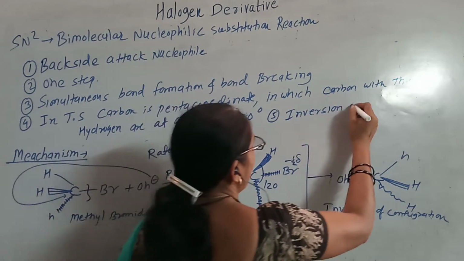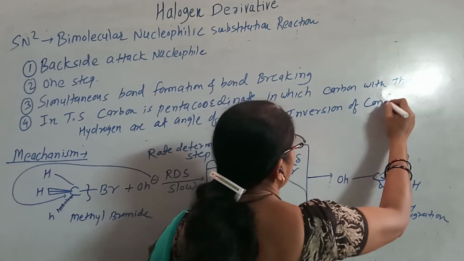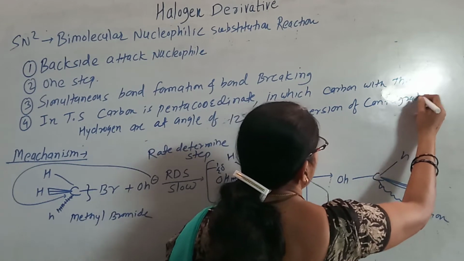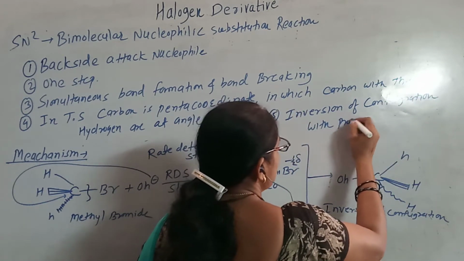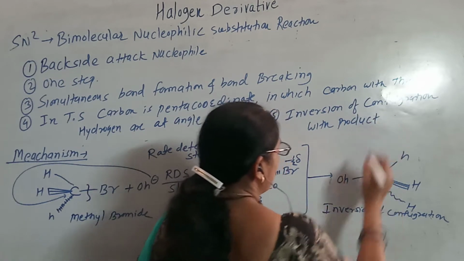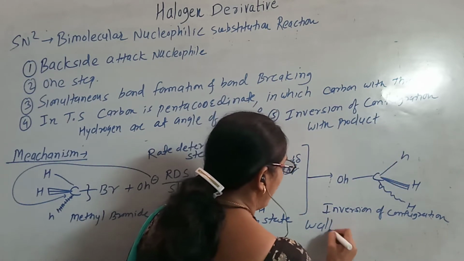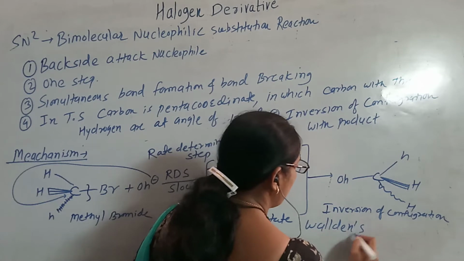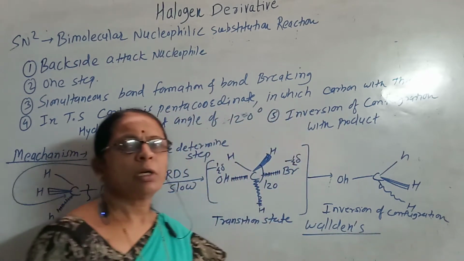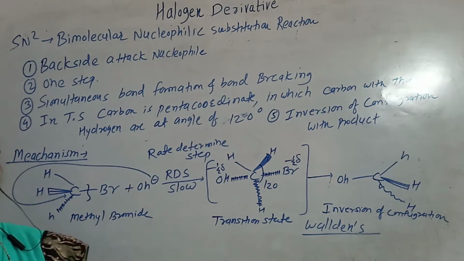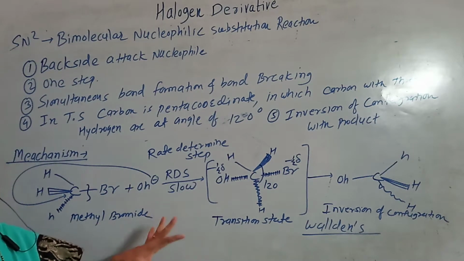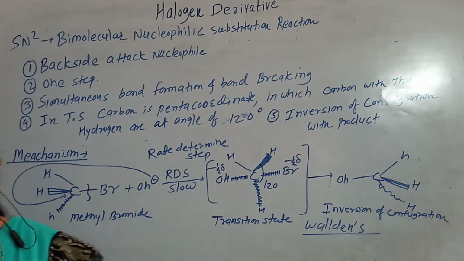So inversion of configuration is observed with the product. And this type of inversion of configuration is called Walden inversion. Walden is the name of the scientist who discovered this inversion, so it is called Walden inversion. So in this way, we have to remember the SN2 reaction with a suitable example.